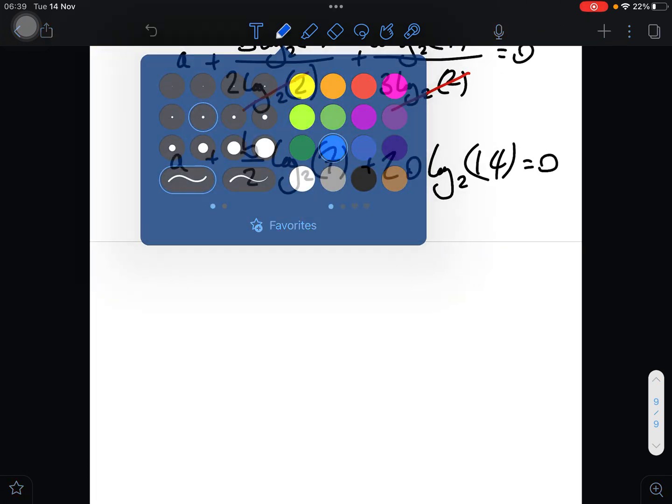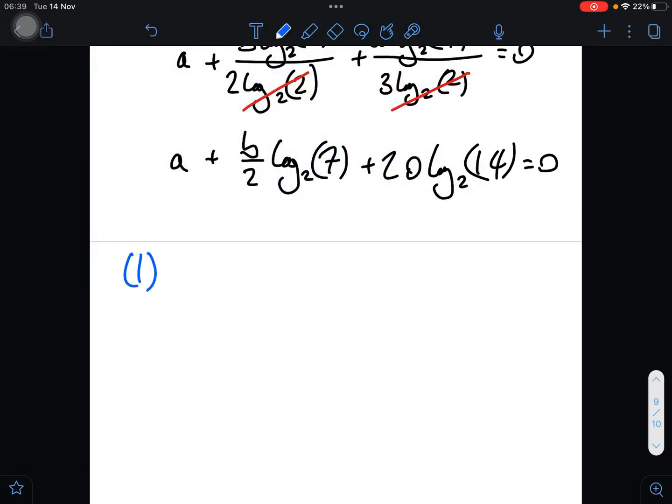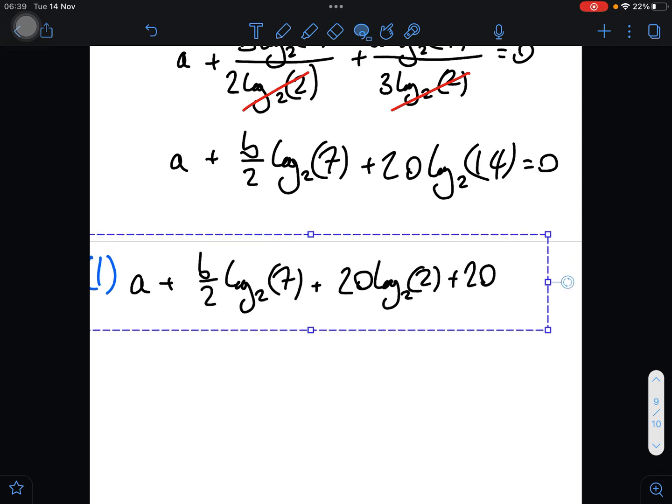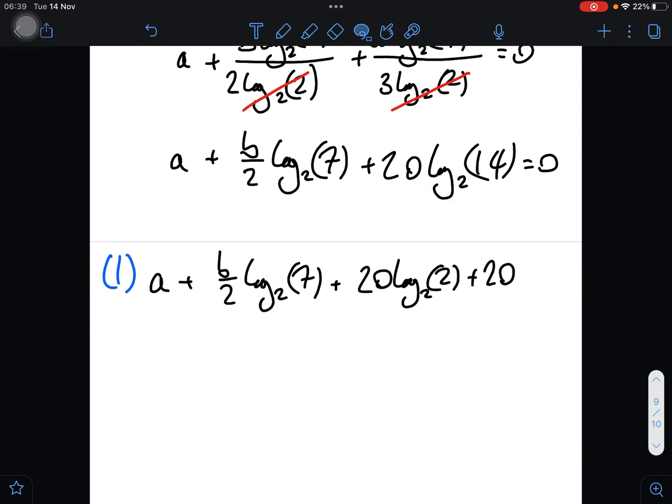I'm now going to use rule 1 to split up my 14, because I know that 14 is 2 times 7. a plus b over 2 log 2 of 7 plus 20 log 2 of 2 plus 20 log 2 of 7 equals 0.